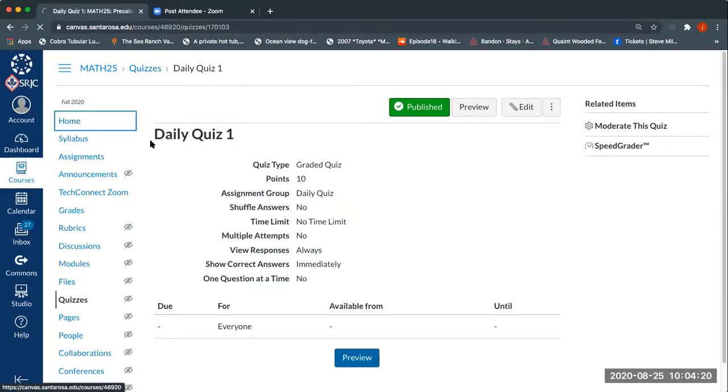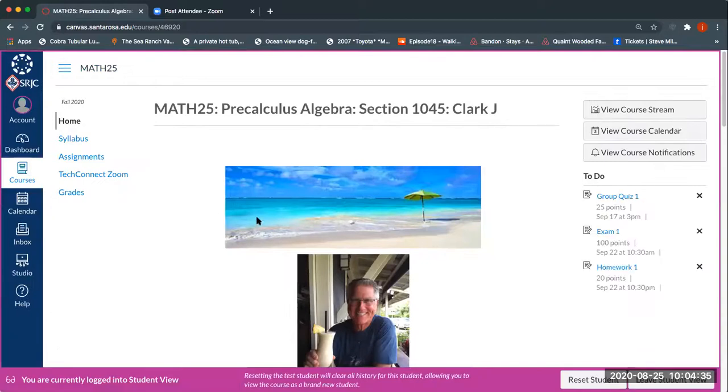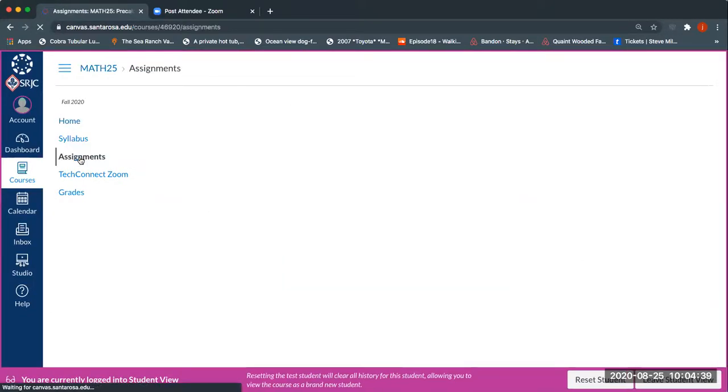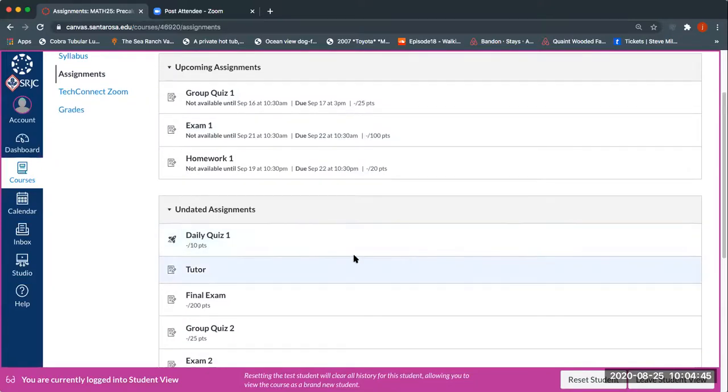If you go into Canvas, I'm going to go in as a student so you see what I'm seeing. Go into assignments. And right here, it's called daily quiz number 1. A little airplane means it's up and running.